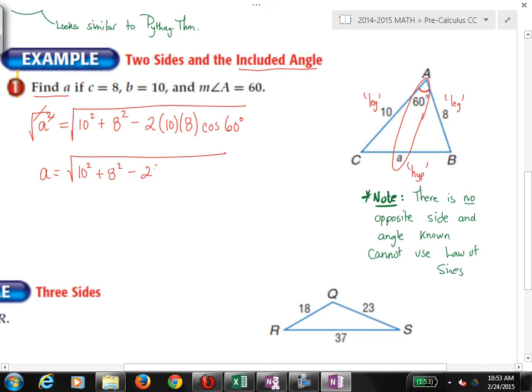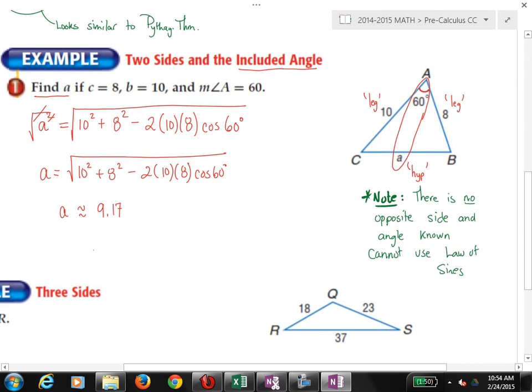Now, since we are using our calculator to give approximations, you don't have to simplify this a little bit further. I know cosine of 60, we can actually find the exact answer like we did in chapter 5, but just give me the approximation using your calculator. What is it? Did anybody get this? So square root of 84 or 9.17, the final answer.